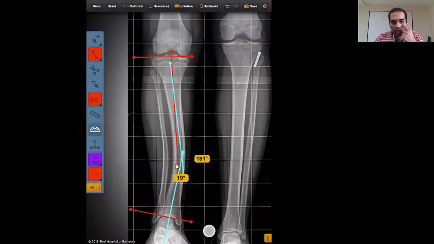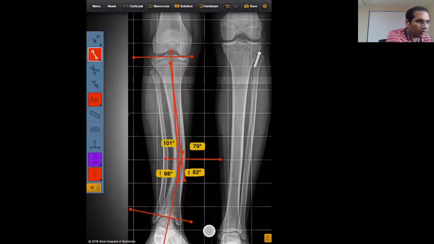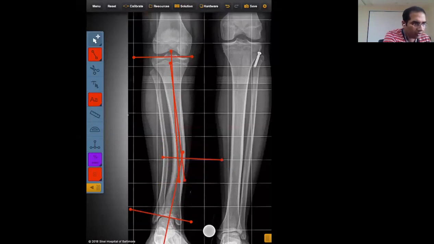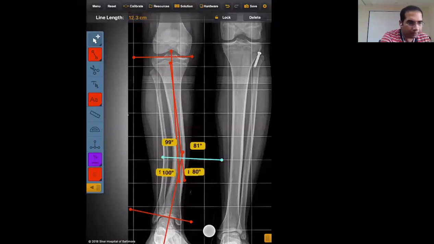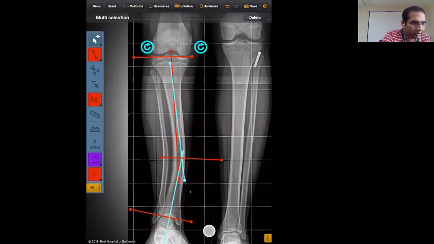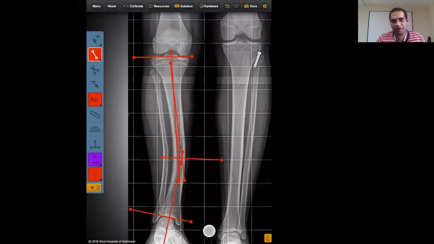So I want to do a closing wedge osteotomy. How will I know how much bone I need to remove? First I have drawn my angulation correction axis over here, and I know the magnitude of my deformity is 19 degrees, so roughly 20 degrees.